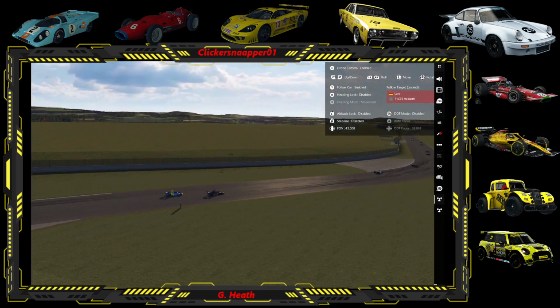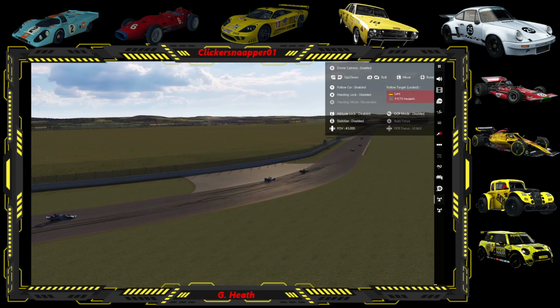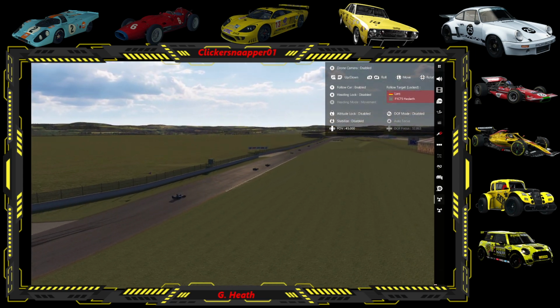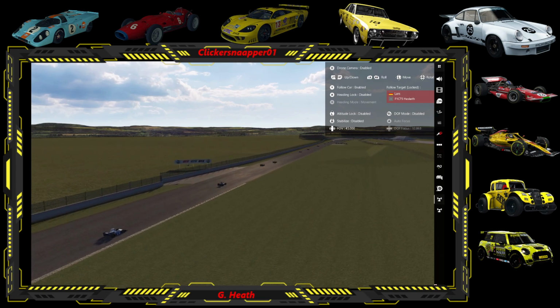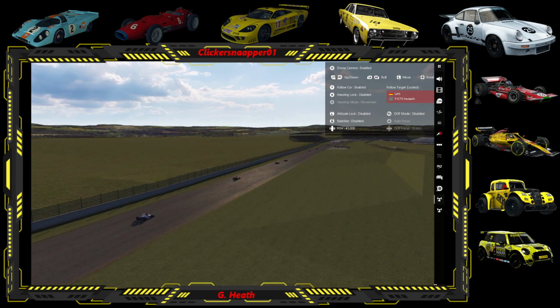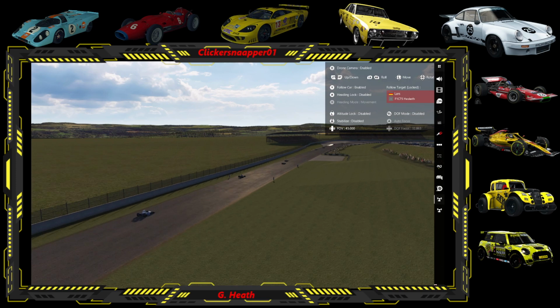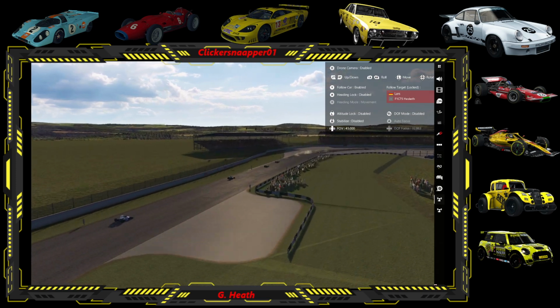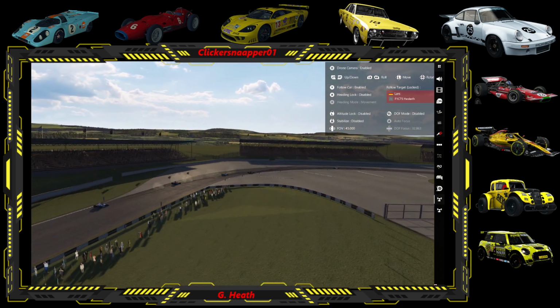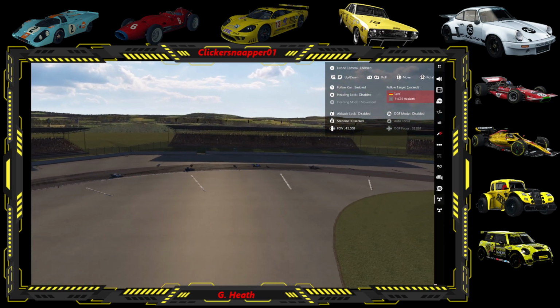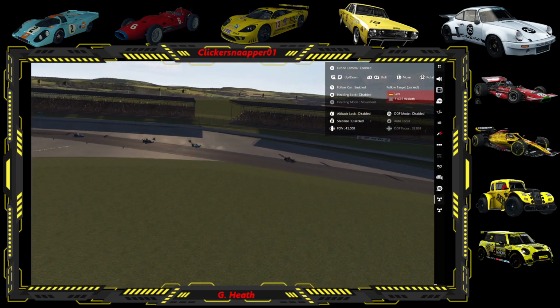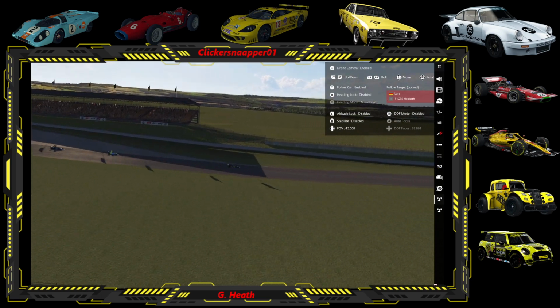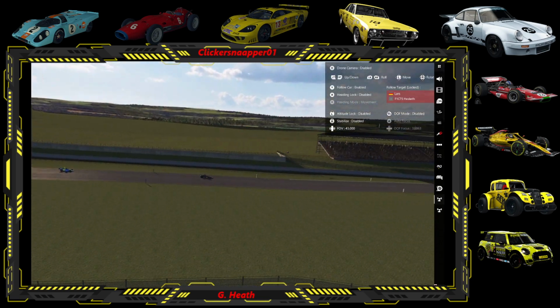Mr. Bang in Beckett's is 11th, is getting overtaken by George Heath. Cerrato from Ireland is 9th, seems to be putting the pressure on McDonald.